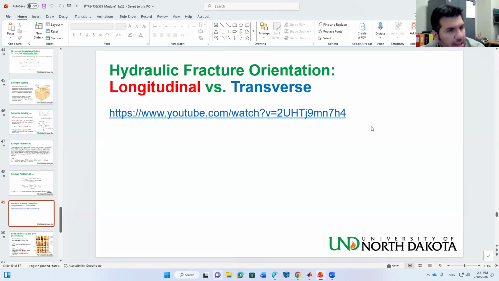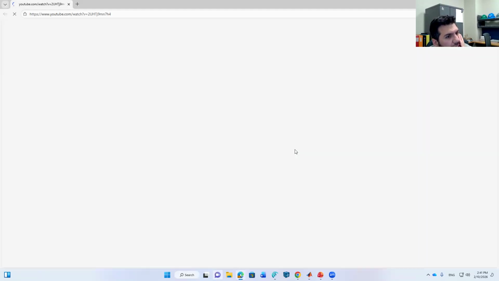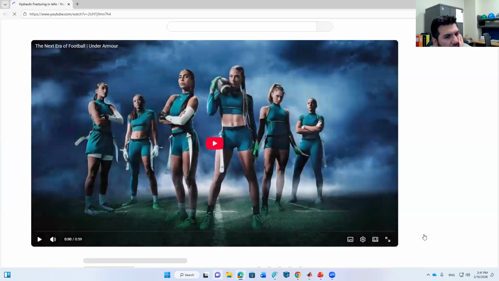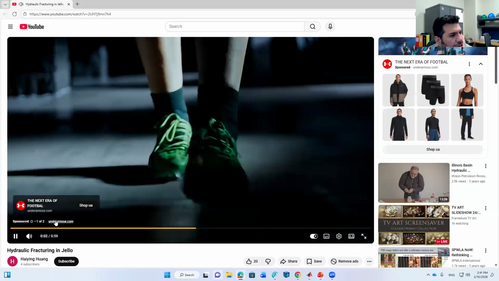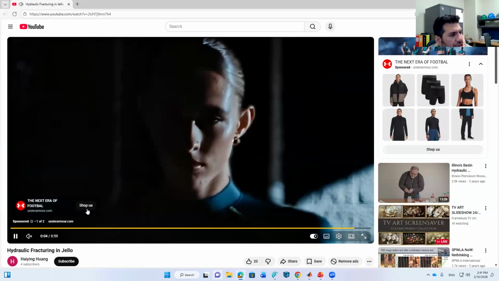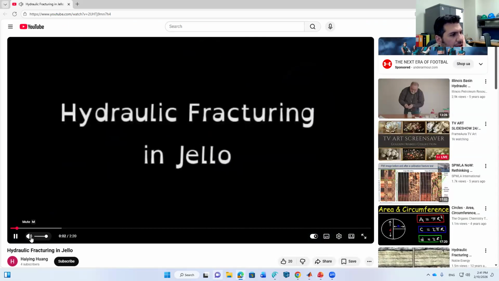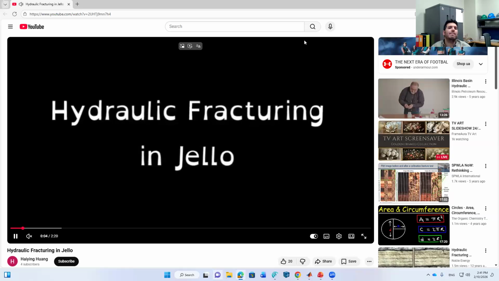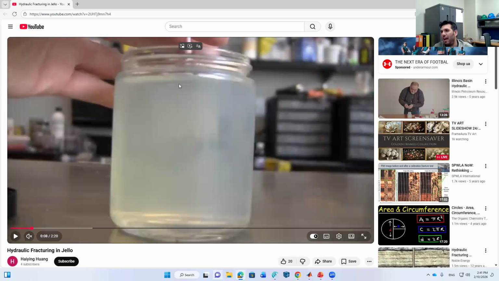So this here, let me try to open this file if it still works, the link. I think it works. Okay, it has music, we don't care about it, but they have a jar of gelatin from its color, and I have experience with gelatin experiments.